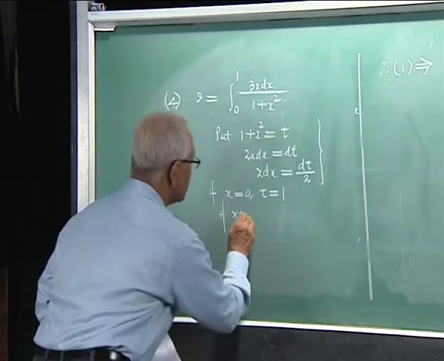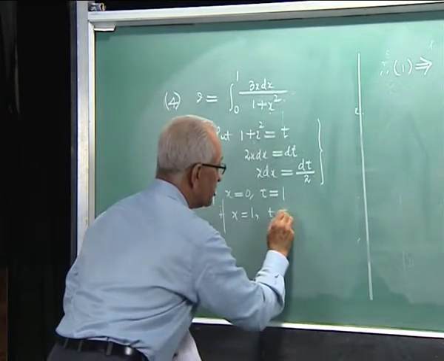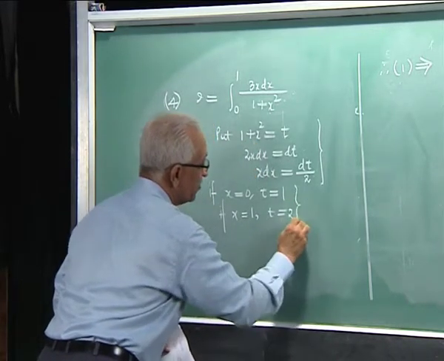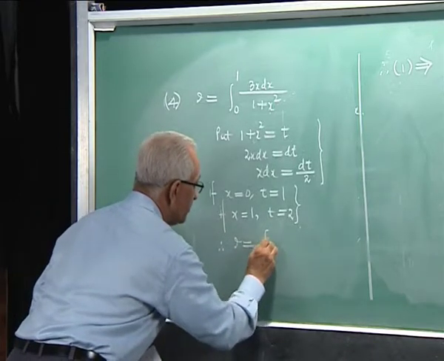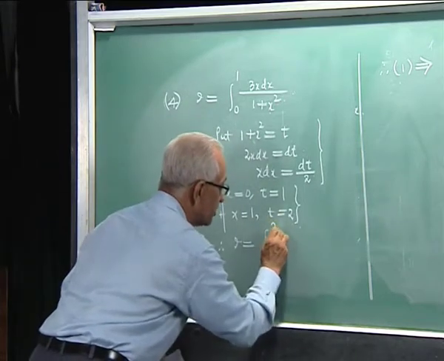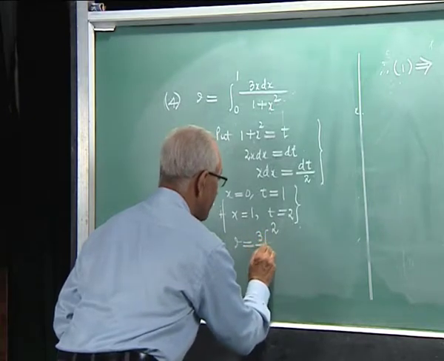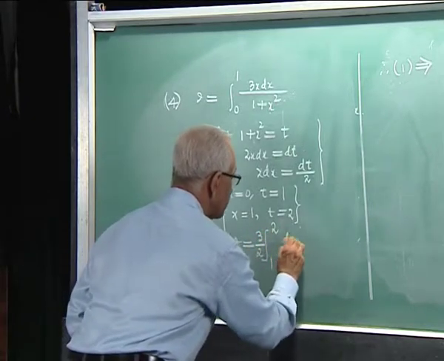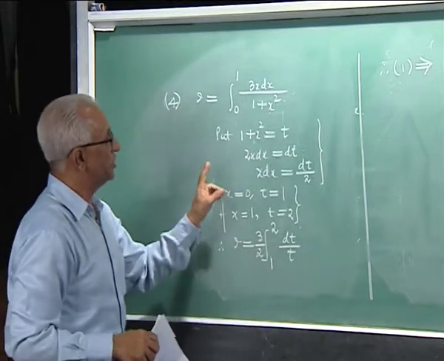If x is equal to 1, obviously t becomes 2. New limits, and hence the integral now becomes the integral from t equal to 1 to t equal to 2, with 3 outside and 2 from here, dt upon t. I hope there is no confusion now.